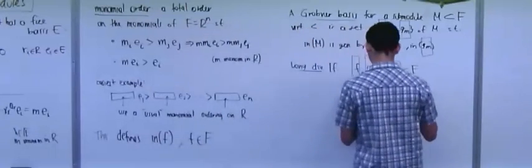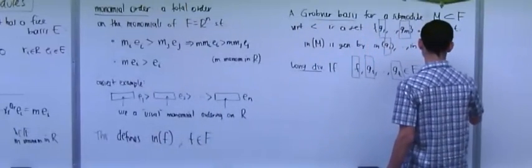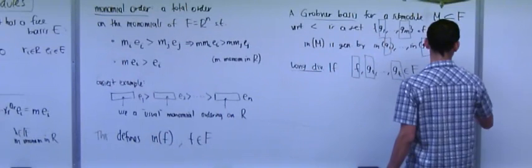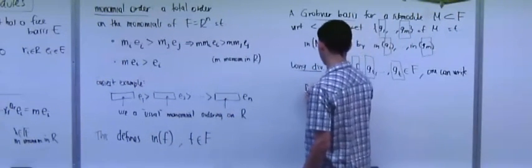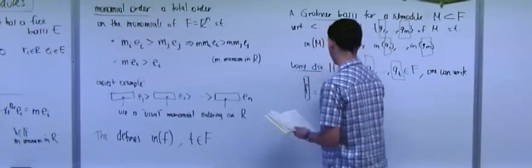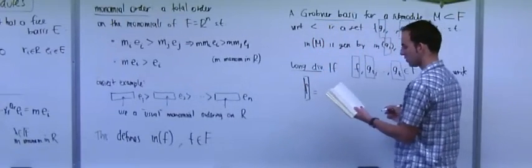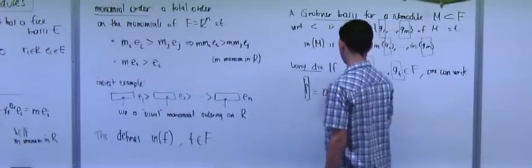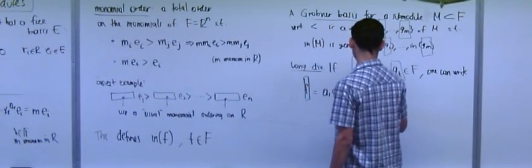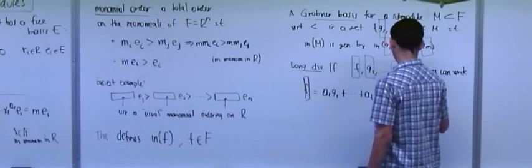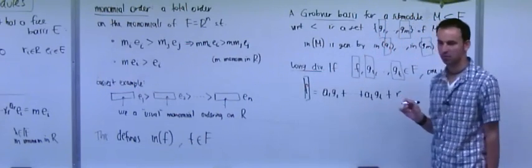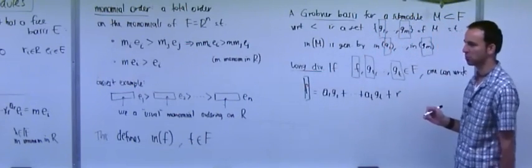But I can still perform the same algorithm in exactly the same way. I can still do long division. And it still looks like this, but this is the kind of place where you want to be careful.